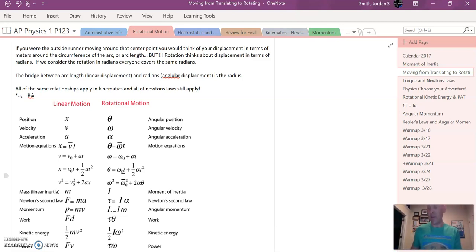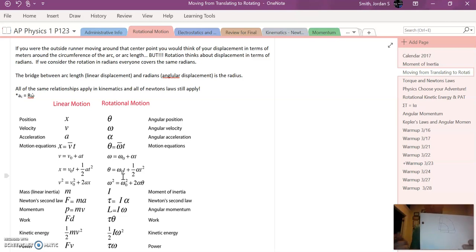If everything rotates, let's say I have now lengthened that stick, all of the pieces of the stick are traveling at the same angular velocity, but not all of the pieces of the stick are traveling at the same linear velocity. So in order for this piece of the stick to keep up with this piece of the stick, it has to travel faster and it has to travel a greater distance in the same amount of time.